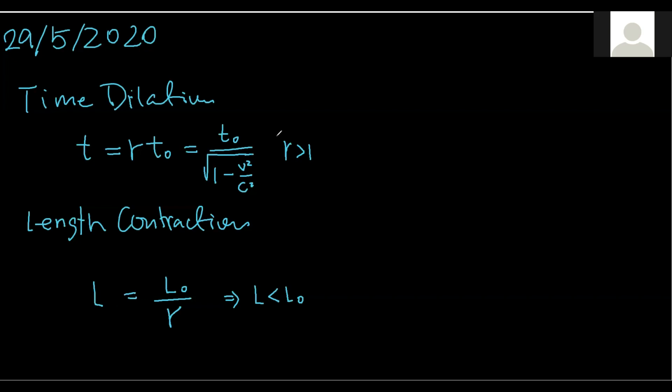In the other case, we claim that the time is getting longer compared with the proper time. So those are two direct consequences of the Lorentz transformation.